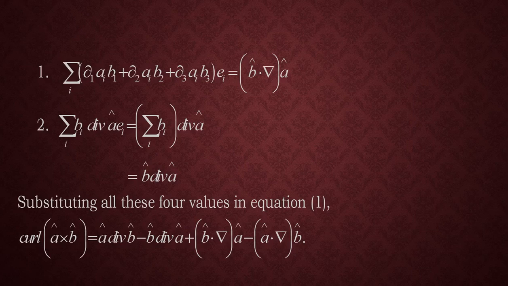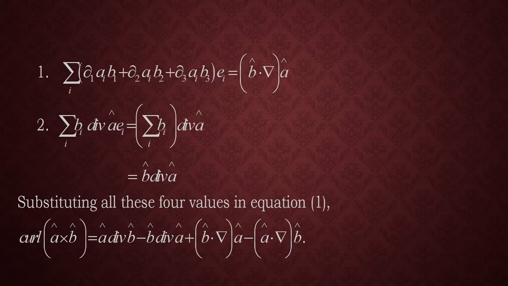Now let us take the fourth term of the ith component Ci and multiply it with Ei. Later we take the summation over i. Then it gives us sigma over i of Bi div A cap Ei. From this we can take out div A cap.